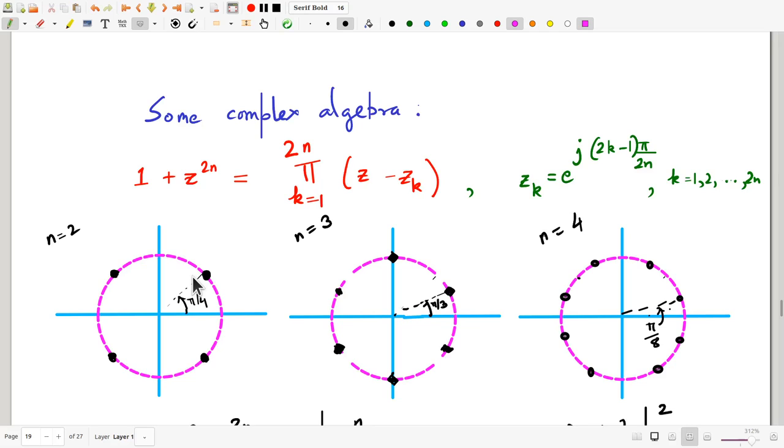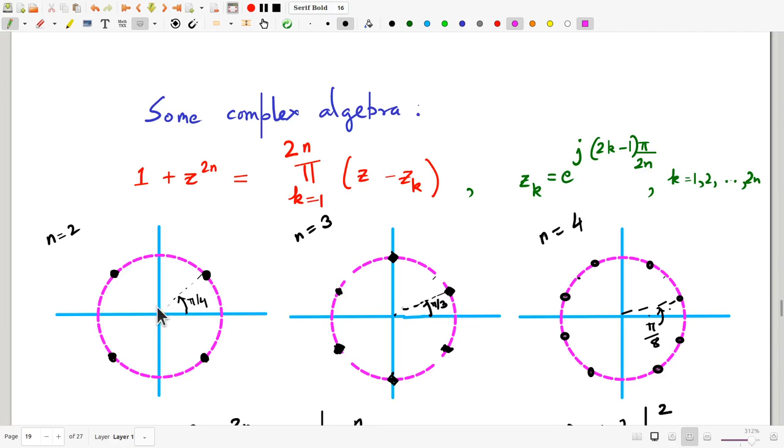Remember, raising a number with magnitude unity to a power simply means multiplying the angle by that number. So for example, if you take this one, the angle here is pi by 4. If you raise this to the 4th power, the angle of the 4th power is going to be pi, which is of course going to make this point land right here and give you minus 1.